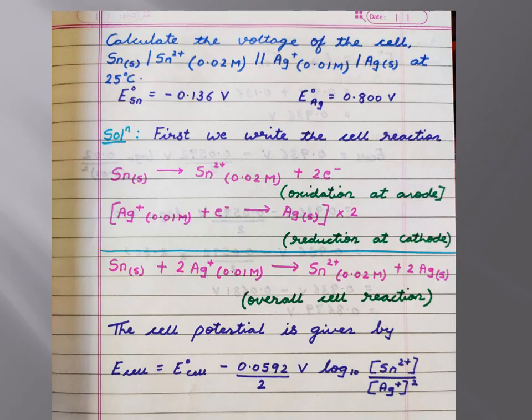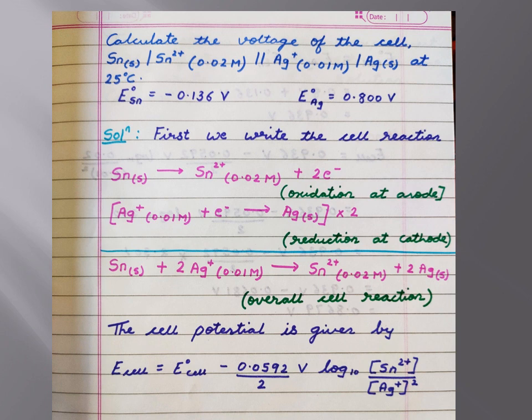Students, this is a very important numerical from the exam point of view. Such numericals are based on the cell potential or the cell voltage, that is, you have to calculate E cell by using the Nernst equation. I am reading the numerical, please pay attention.